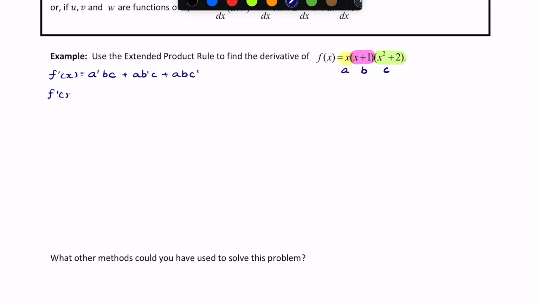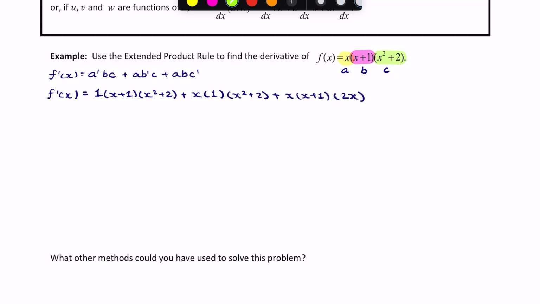And so here f prime of x is equal to a prime, the derivative of x, which is 1, times b, which is x plus 1, times c, x squared plus 2, plus a, which is x, times b prime, the derivative of x plus 1, which again is 1, times c, x squared plus 2, plus a, which is x, times b, which is x plus 1, times the derivative of x squared plus 2, or c prime, which is 2x.